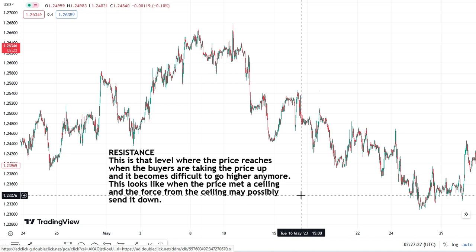It's like when you are in your house, the ceiling of your house is something you can use as an example. So it's possible that that level of resistance can send the price down. That means the power of the buyers finished at that point. But if the power of the buyers is still strong, they could break through that level of resistance.